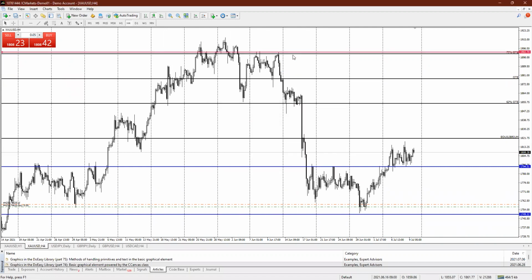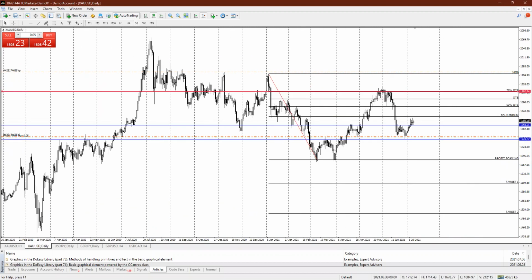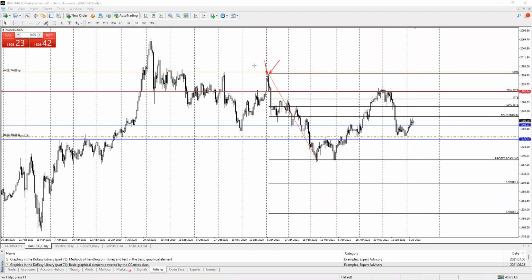So when you enter your sell here, you come into the daily, where you found this Fibonacci setup, then it means your stop loss is going to be here. Your stop loss is going to be here. Don't mind my trade, this is a demo.